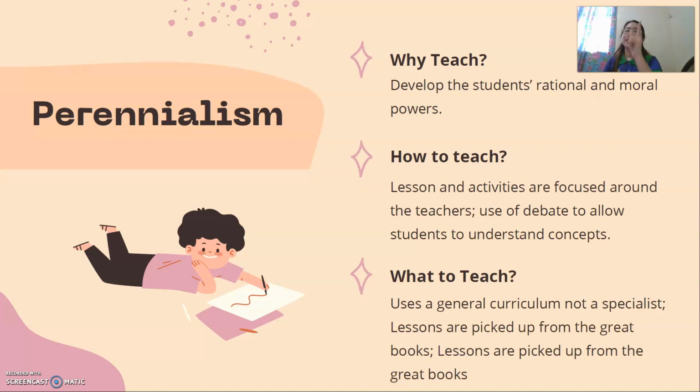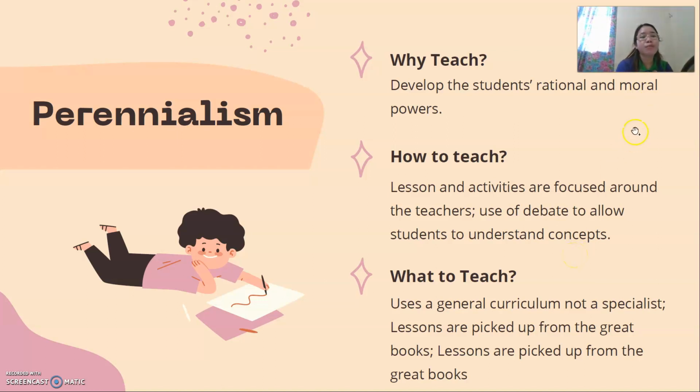Next, perennialism. So, why do we teach? When you are a perennialist, you teach because you want to develop the students' rational and moral powers. So, the difference of perennialism from progressivism is you focus more on the moral powers, the morality of your students. So, how do you teach?